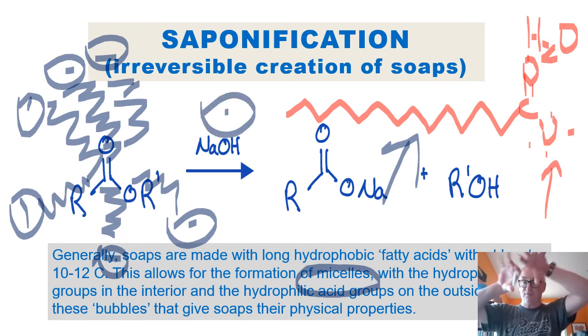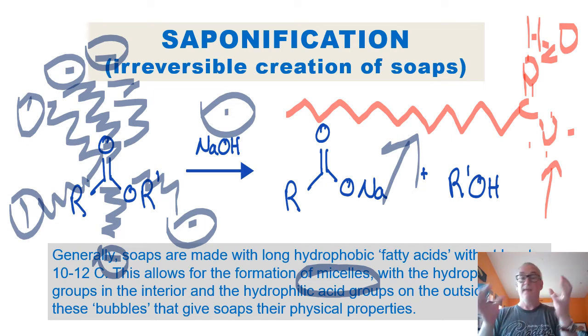So basically it forms a bubble where you have the very hydrophobic parts all on the inside and the very hydrophilic parts all on the outside. And it's the formation of these bubbles that gives soap its physical property. And so we'll be actually doing this experiment this week, taking something that isn't a soap at all and turning it into a soap by doing this particular reaction.